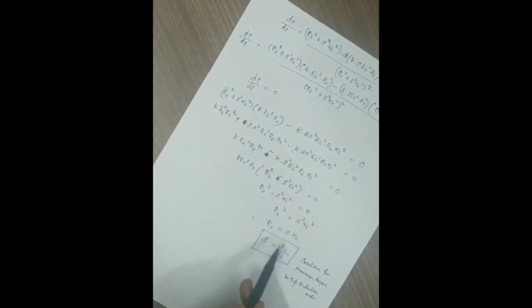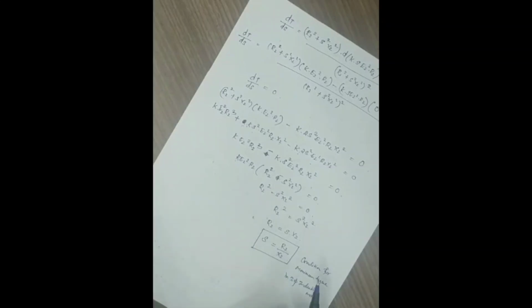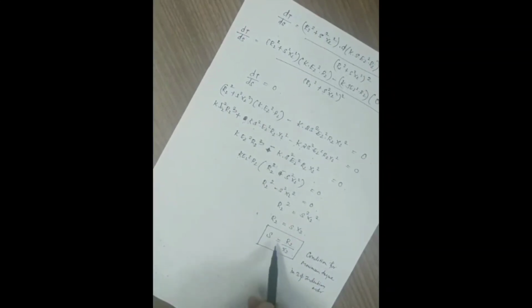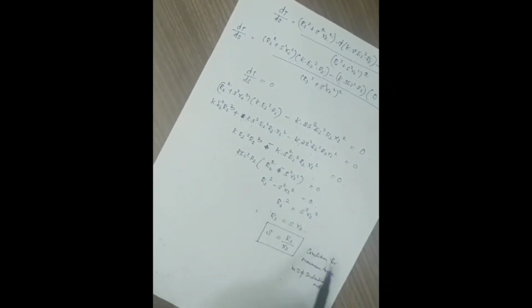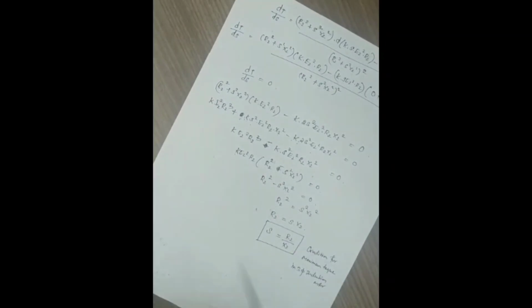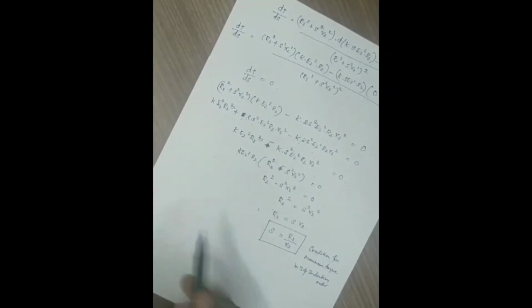Up to this condition I can load the machine so that it takes the load and runs with the respective speed. After the condition s equal to r2 by x2, if you try to load the machine, the maximum torque will be pulled out and the machine will come to a stalled condition, or the machine will stop. This is the condition for maximum torque.